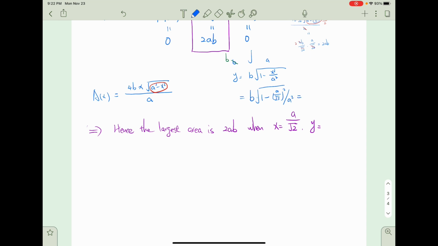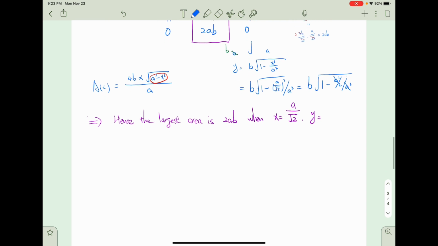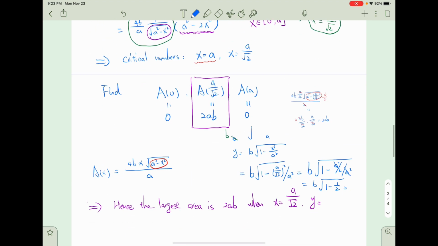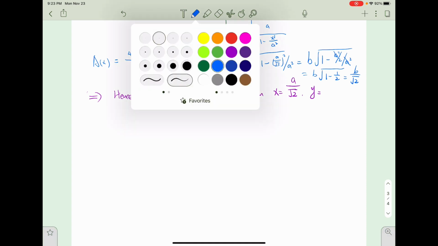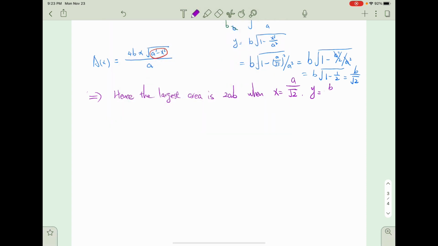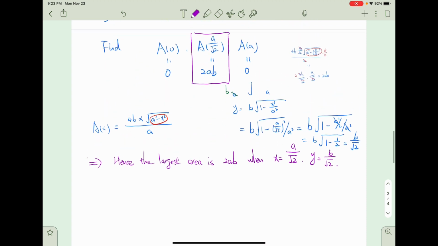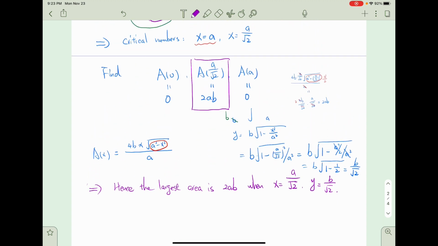That is b times square root of 1 minus a squared over 2, divided by a squared, so cancel a squared here, right? And that is b times square root of 1 minus 1 over 2. So this is just b over square root of 2 if you compute this. So y is equal to b over square root of 2. That is our conclusion. So what does that mean?